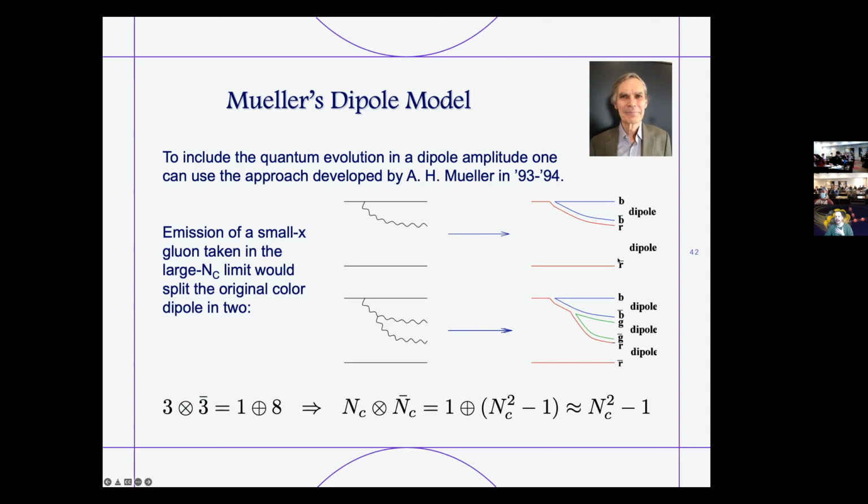As you can see, dipoles produce more dipoles, and then we can write a closed evolution equation in terms of this dipole amplitude, which we talked about last time. Any questions about this picture? All right, looks like it's all crystal clear. If it is, let's move on.